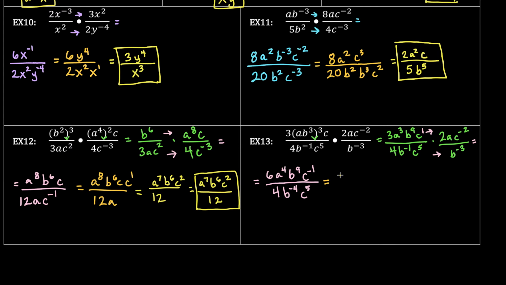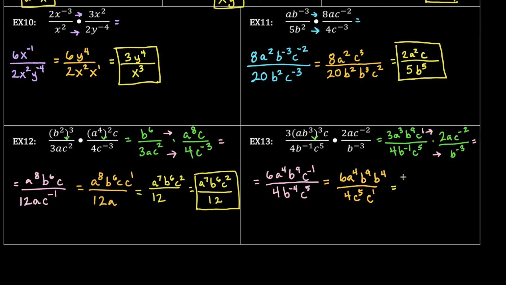So 6A to the 4th, B the 9th, over 4, C the 5th. So this C to the negative 1 goes down here. This B to the negative 4 goes up here.